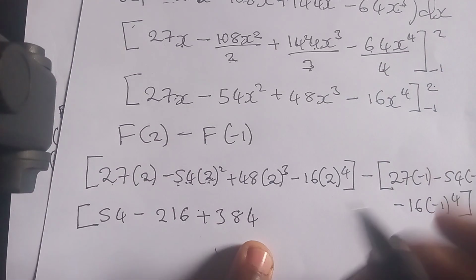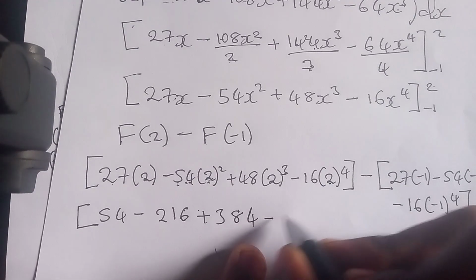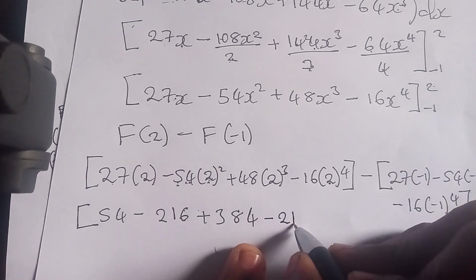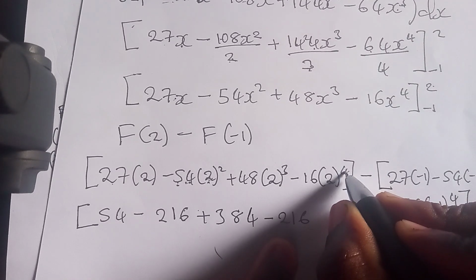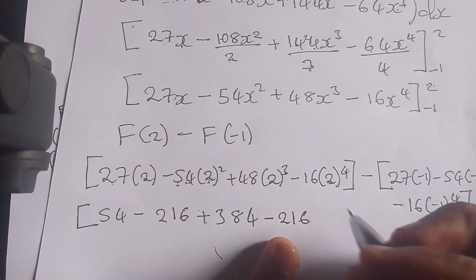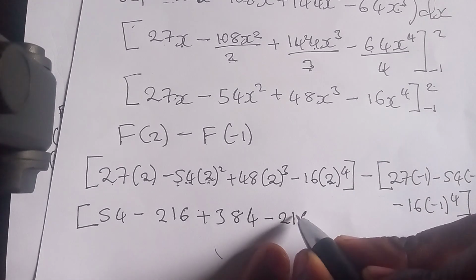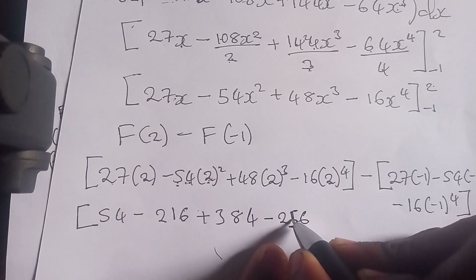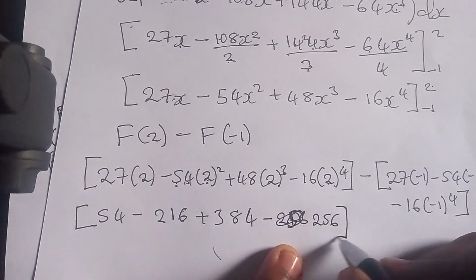And then minus 16 times 2 to the power 4, which is 16 times 16, let me just verify that. 2 raised to the power 4 is 16, so 16 times 16 is actually 256.